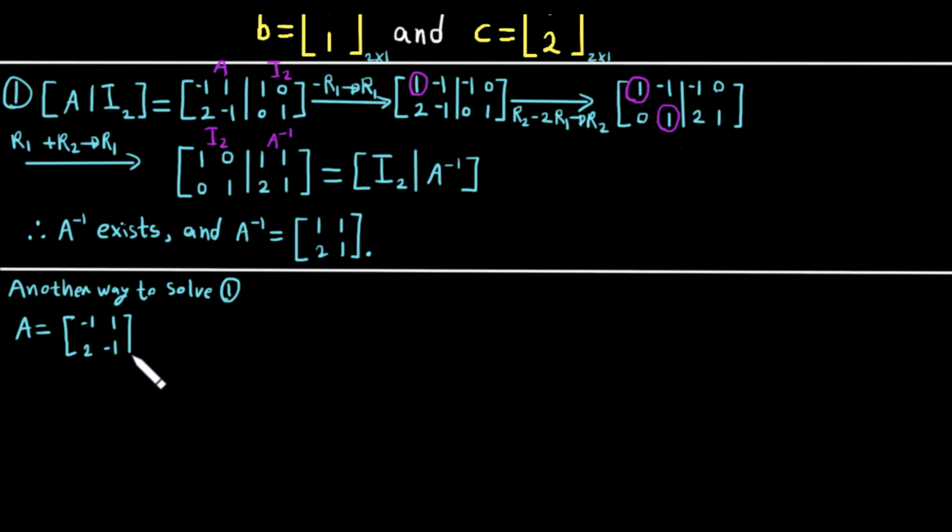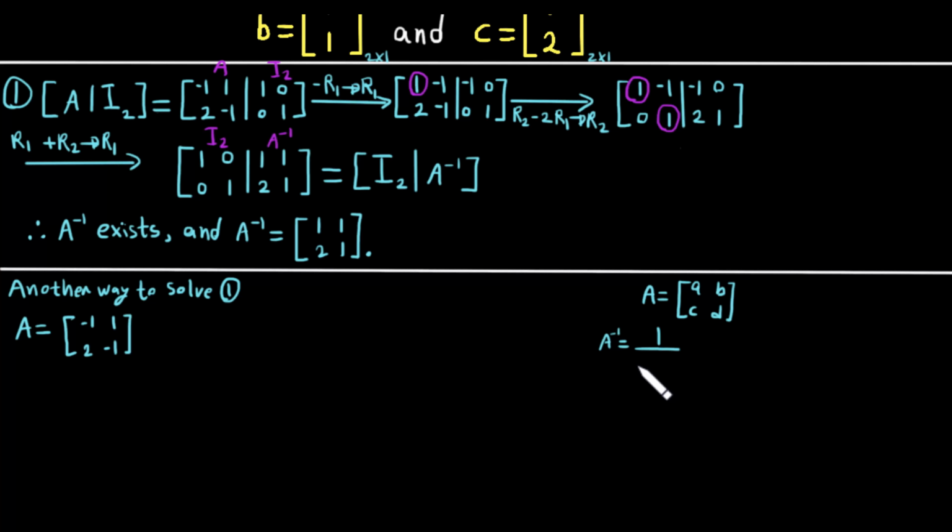Here this A. And as we did before, if you have A equal A, B, C, D, then if you want to find A inverse, then you have to write it like this.